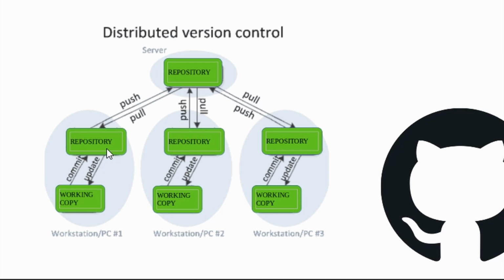Later they can push or pull to the main repository. Distributed version control has many advantages over centralized version control because it gives more safety of the code, since you are saving the main repository file, and it becomes very easy for many developers to collaborate. So these are the different workstations. You can have the main repository on your workstation and change it, and still the main repository will not get affected until you push or pull.